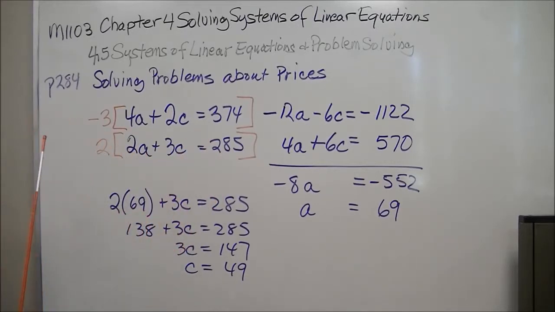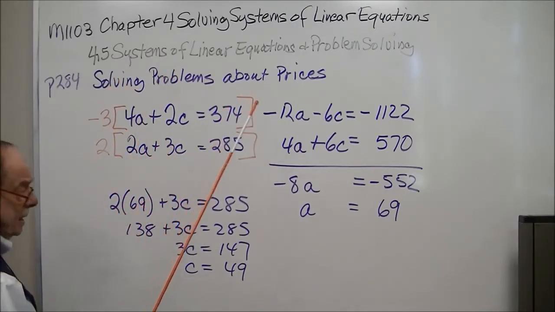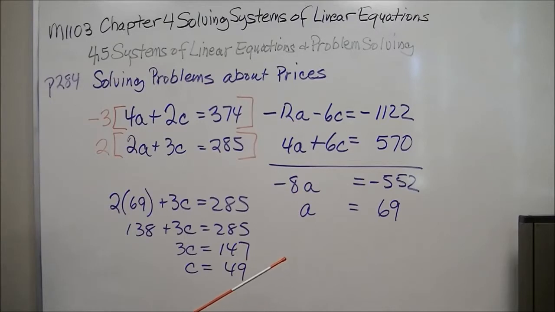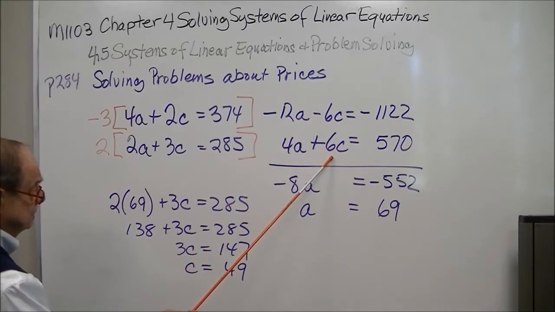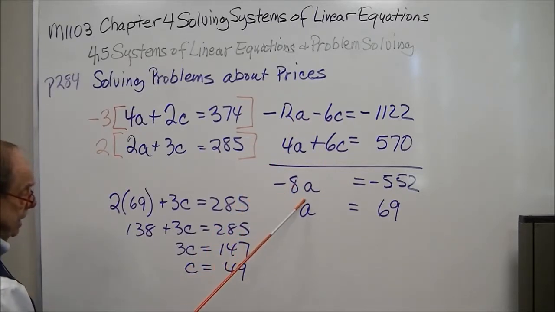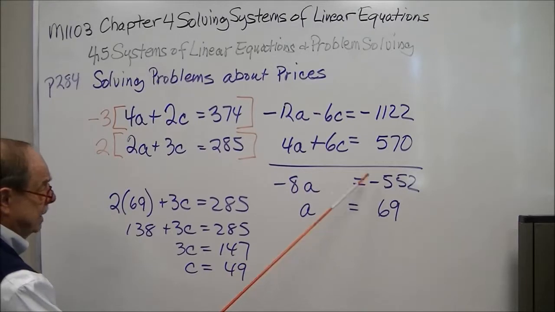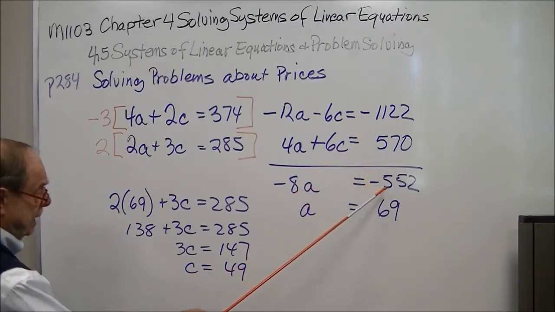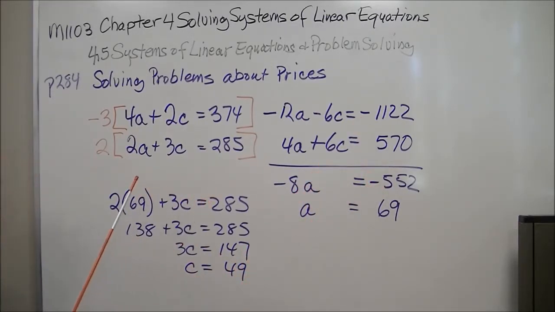Now as you do these, just take your time and check your signs. Again, you're not going to get that many examples to do, but you need to get them correct. So now these cancel out. I end up with an 8a, and then that equals, notice the negative, -552.